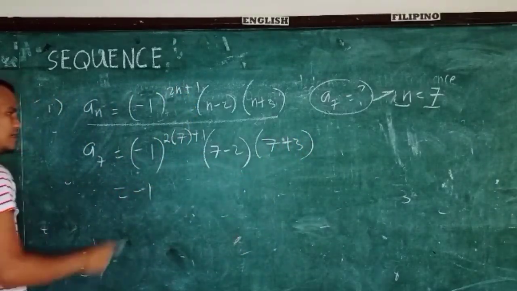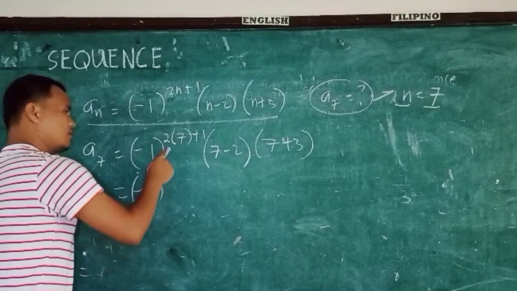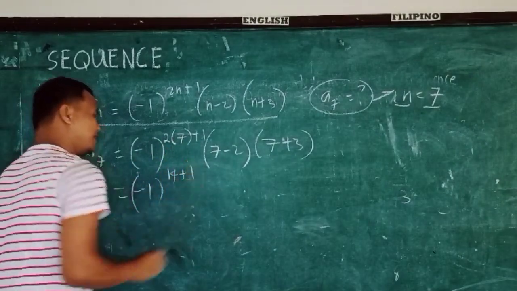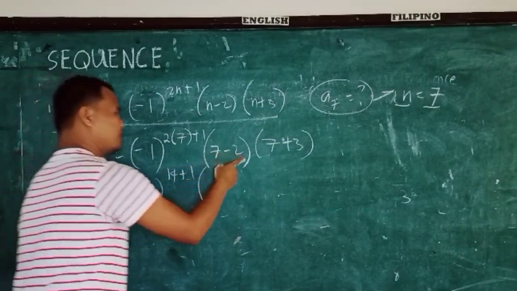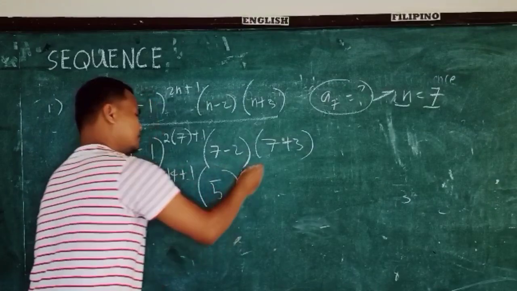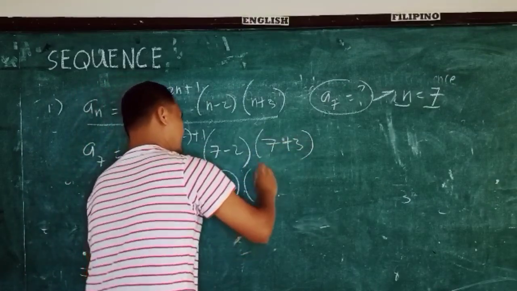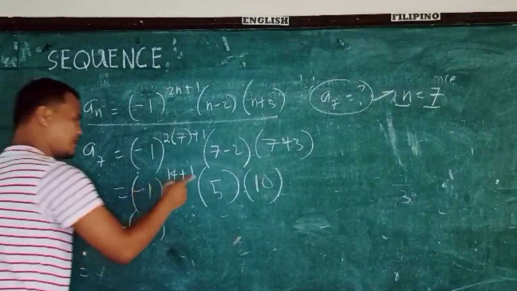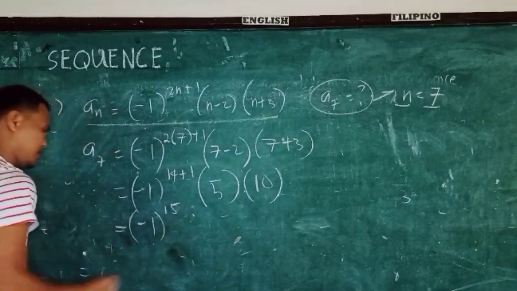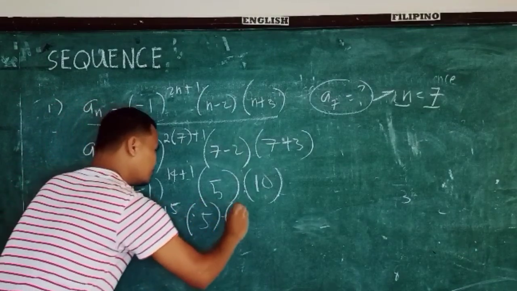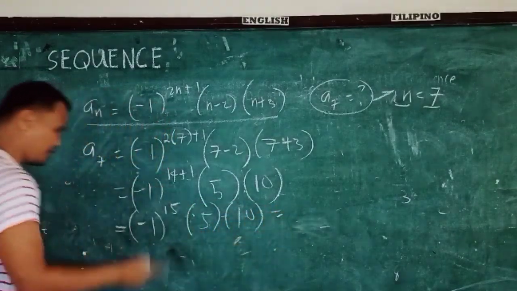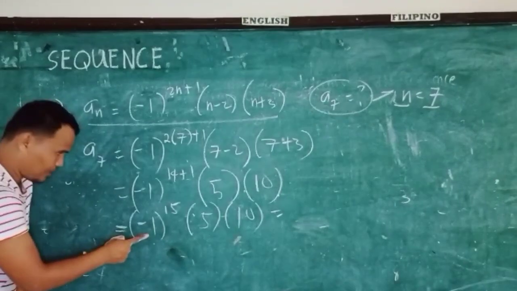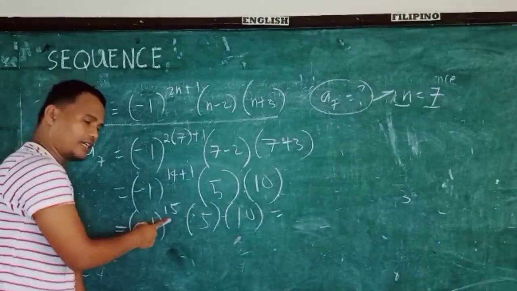So, negative 1, you multiply: 14 plus 1, 15. 7 minus 2, that's 5. 7 plus 3, that's 10. Okay? Negative 1 raised to 15, then 5, then 10. The base is negative 1, and the exponent is an odd number.